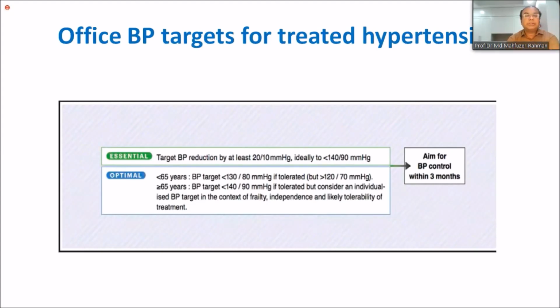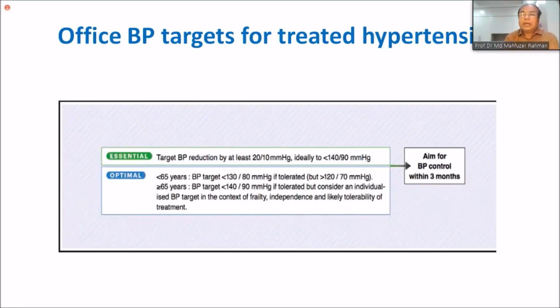If patient is 65 or more than 65 years, blood pressure target is less than 140 over 90 millimeter mercury, if tolerated. But consider an individualized blood pressure target in the context of frailty, independence, and likely tolerability of the treatment.